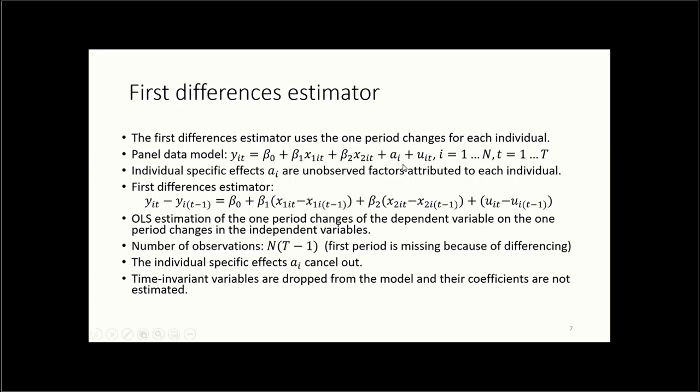Therefore, we don't have the data on it and we cannot model them, but there's something about individual i that would make their dependent variable higher or lower. That's what we would call individual specific effects. In order for us to eliminate this effect from the equation, what we would do is take first differences. So we can also estimate this model with the data for t minus 1 and take the differences like that.